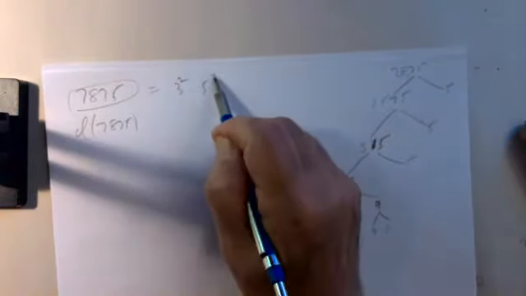So this is 3 squared times 5 cubed times 7.